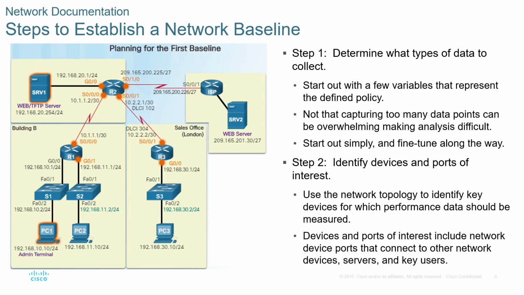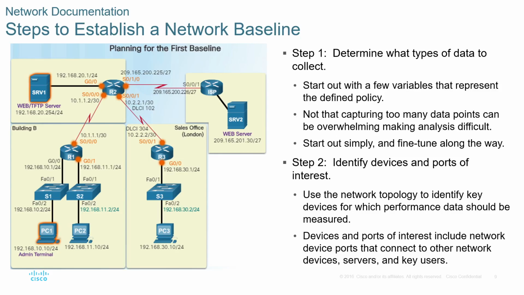We need to determine what is most important for us in the network. So we start out with a few variables that represent the defined policy, and then we can capture what is important for us. Is it important to find out what the speed of the link is, the bandwidth, the latency? What are we actually interested in capturing?